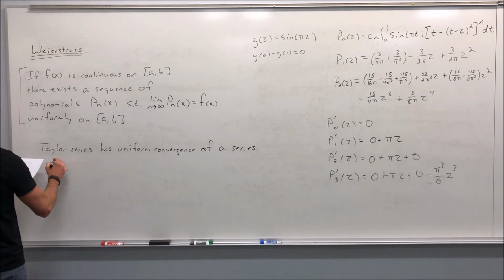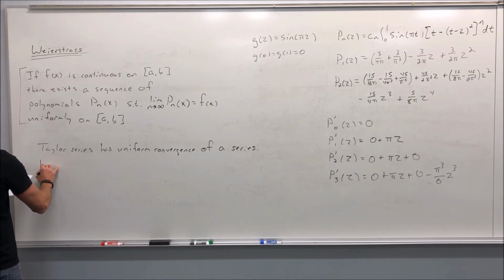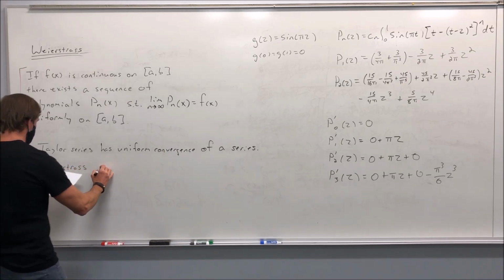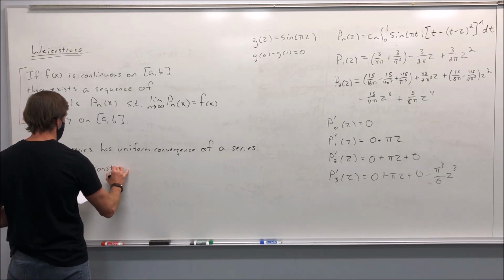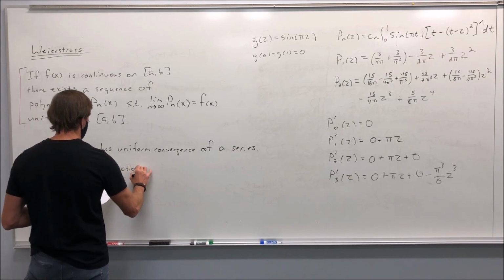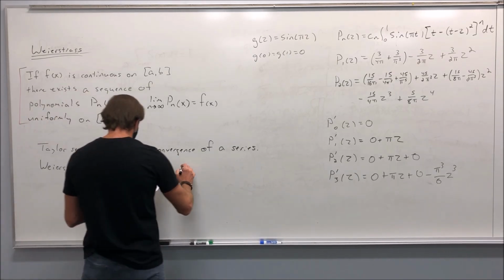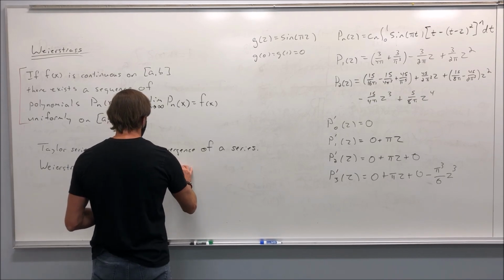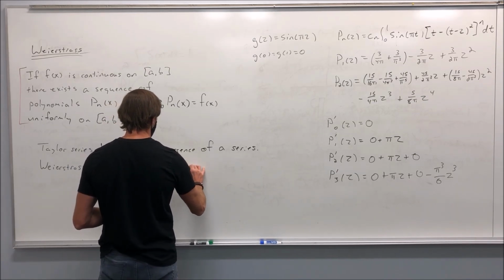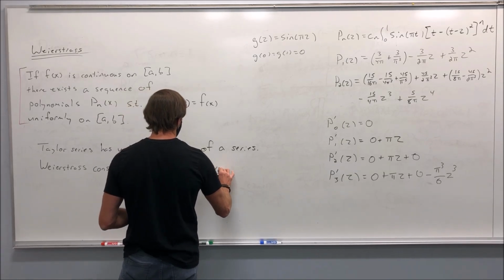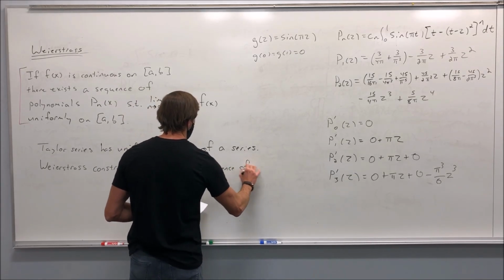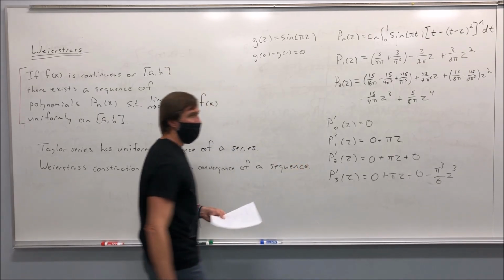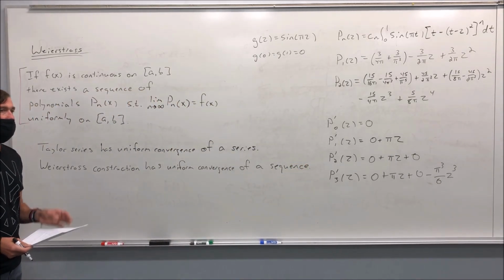The Weierstrass construction has uniform convergence of a sequence.